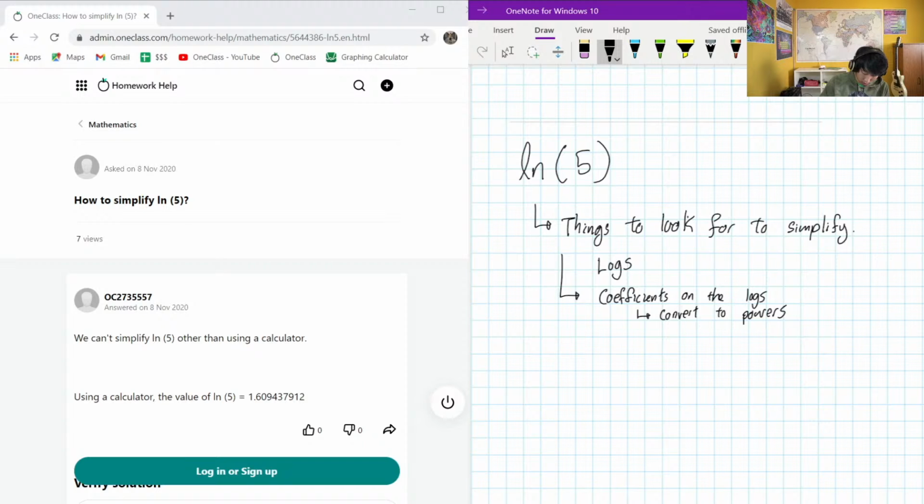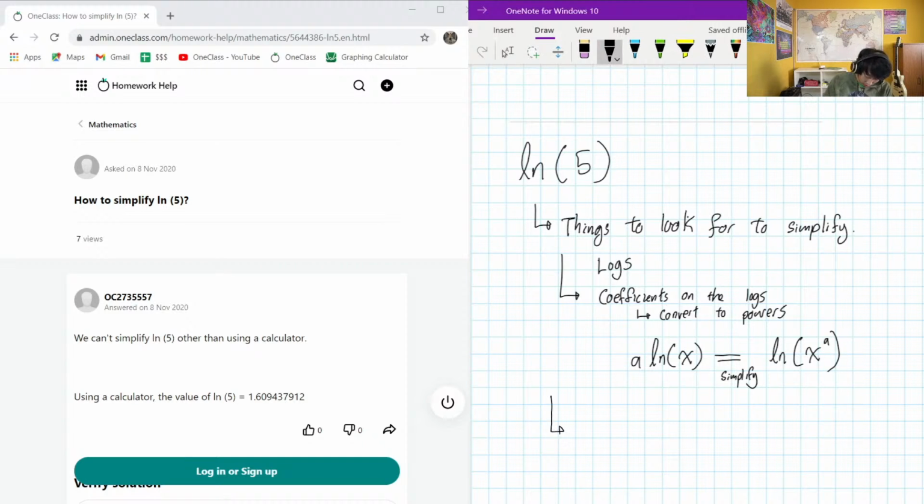Suppose we have a coefficient a times the natural logarithm of x. We want to simplify to make it just ln of x to the power of a. So we want to move those coefficients into the power. But clearly, that does not apply here. We have a coefficient of 1, and 5 to the power of 1 is 5, so not particularly useful for this case.